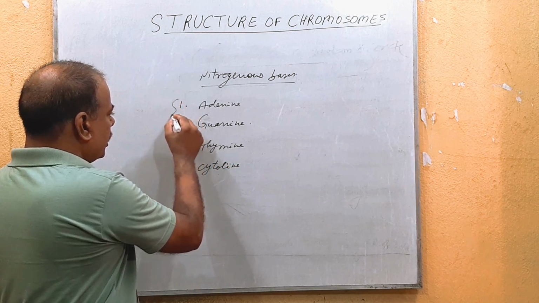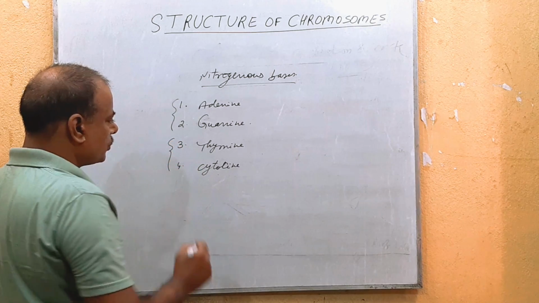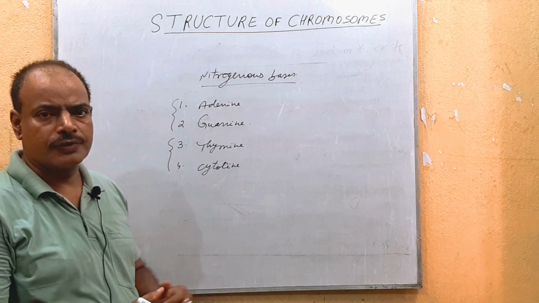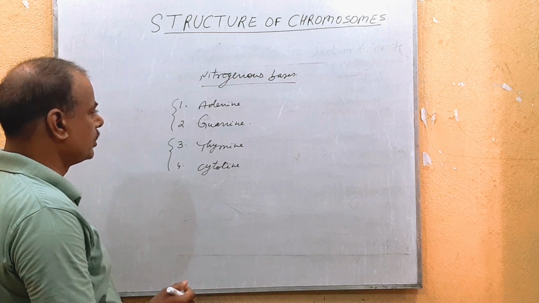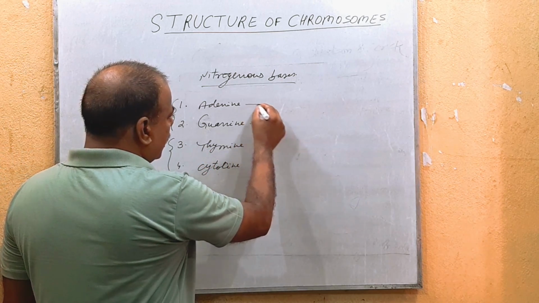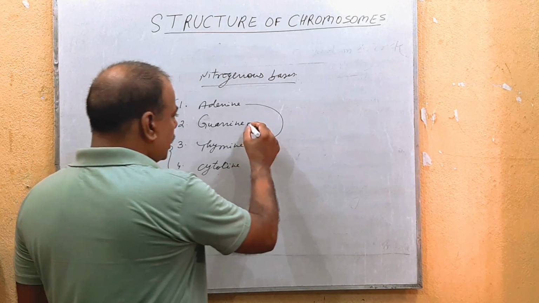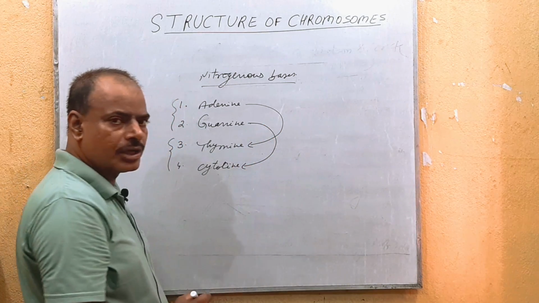And here adenine makes a complement with thymine, and guanine makes a complement with cytosine.